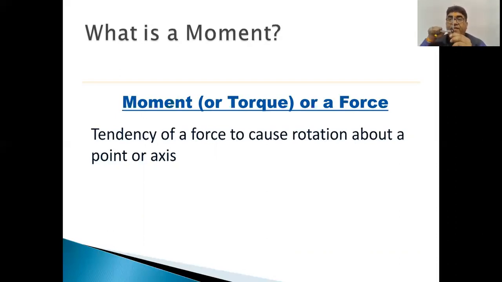If I apply a force here, then this axis will come into rotation like that. Or if I apply the force here, then this axis will come under rotation. We will be discussing more about this topic in my coming lectures.